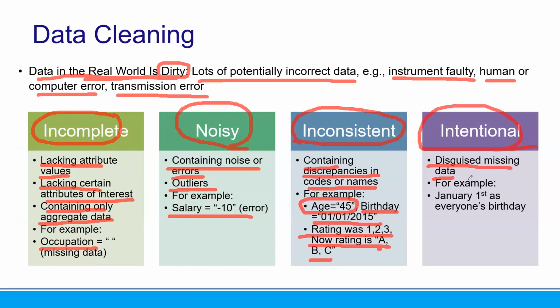So there will be some missing data on the birthday. So the marketers will put the intentional birthday as January 1st. So everyone will have January 1st as their birthday. And in this case, of course, this is dirty data because it is intentionally made to make the data exist.